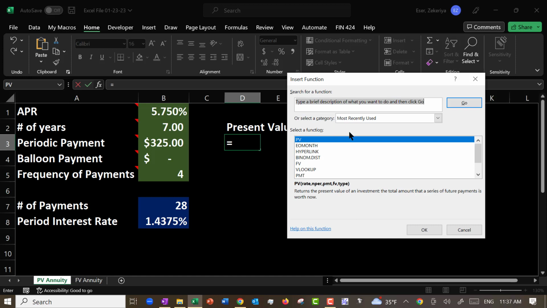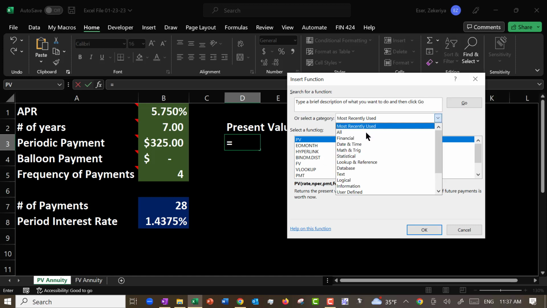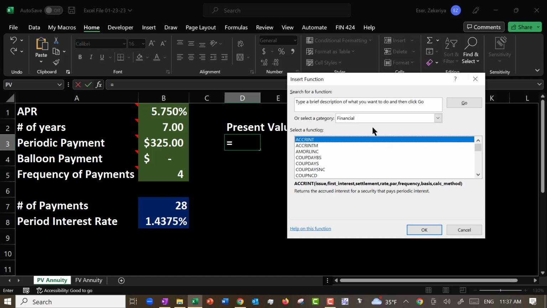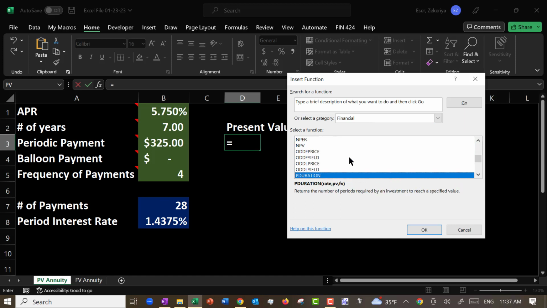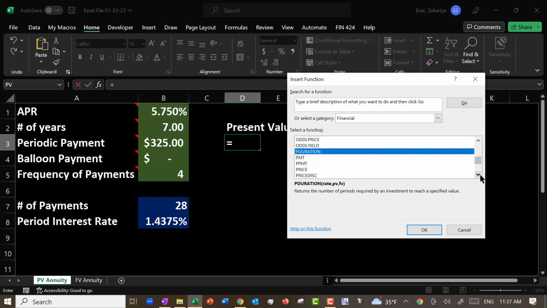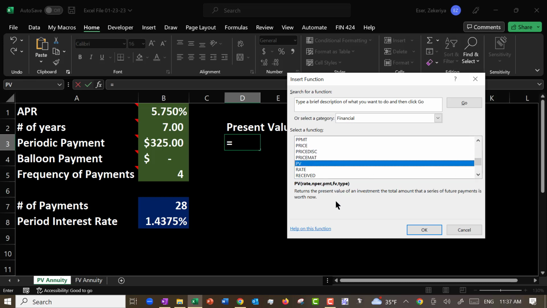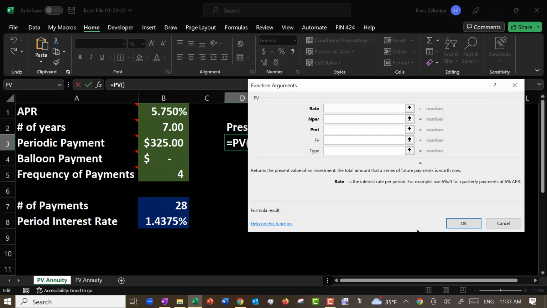PV, I have already used it, but had I not, you could go from the financials, type a P, get to PV, find your function, hit OK. All you have to do is let Excel know what the inputs are. The rate that I'm using is the period interest rate. Nper is number of total payments. PMT is the periodic payments.